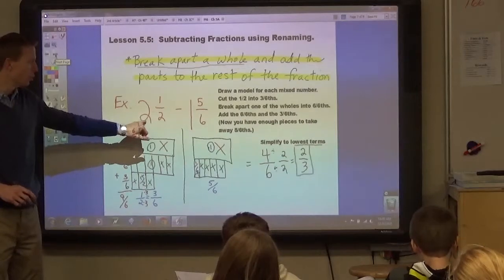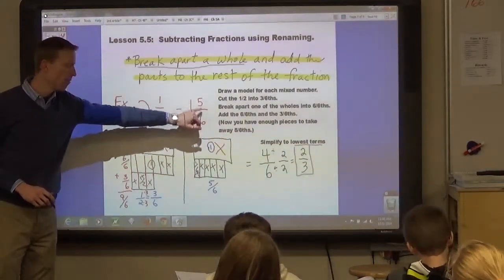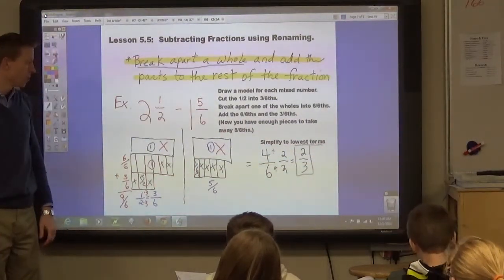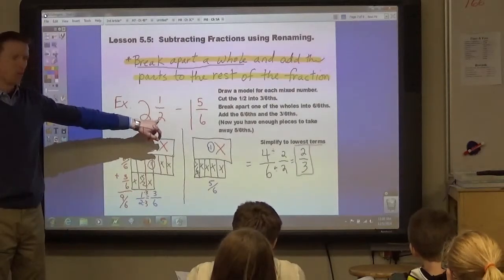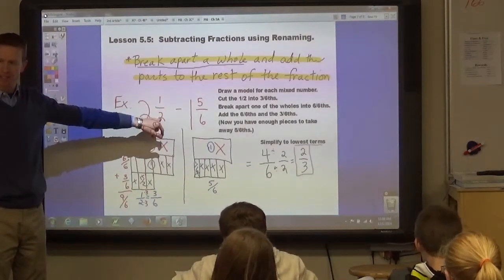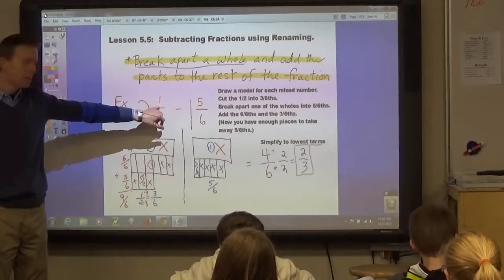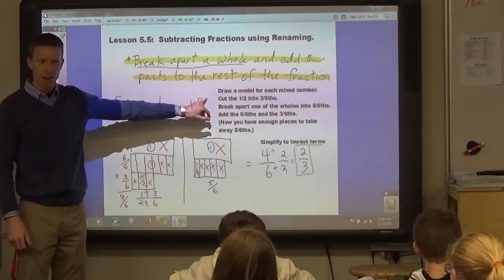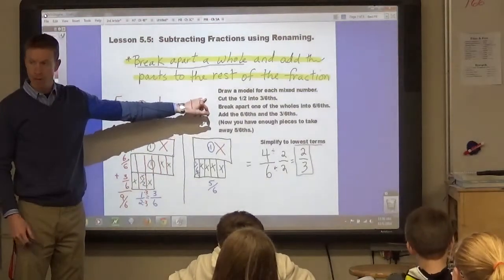Like in this example, 2 1/2 minus 1 5/6. Well, we know that a half is 3/6. But if we only have 3 pieces, we can't take away 5 pieces. We have to make more pieces.